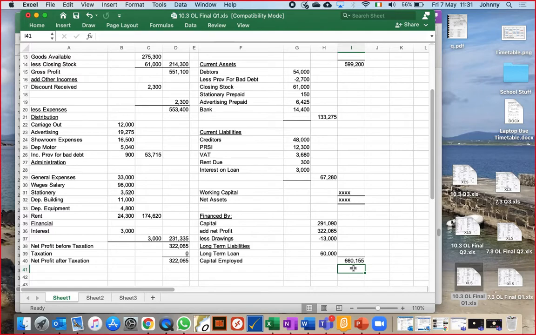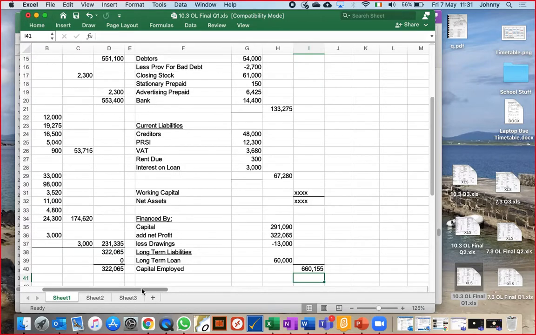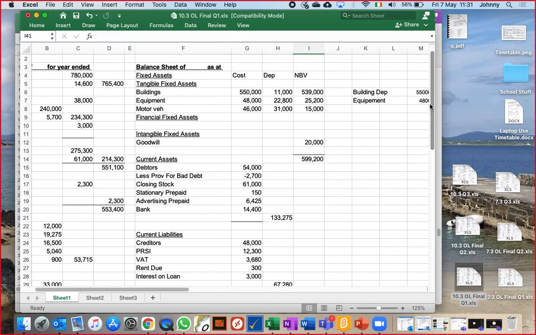Ryan, what do we do next? Which part of it? So this is the balance sheet. I've added up my fixed assets, current assets, current liabilities, and my capital employed. What's next? I've added all the fixed assets up the top, all the current assets, and I have a total here.